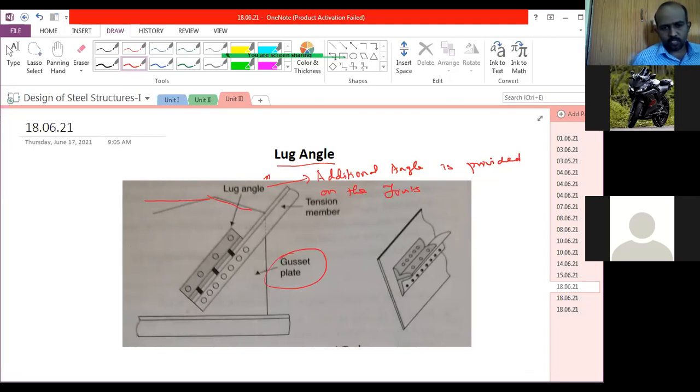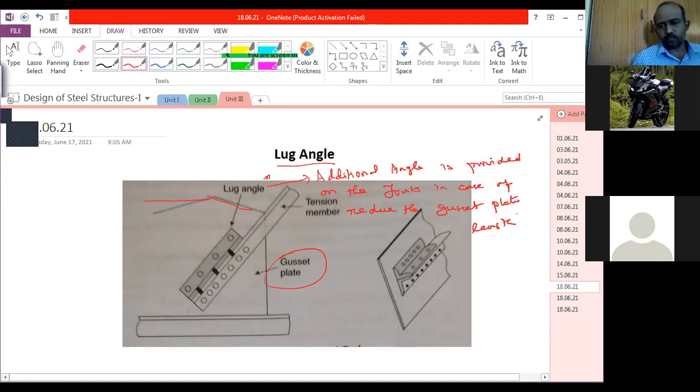So leg angle means an additional angle is provided on the joints in order to reduce the gusset plate length. That is a simple definition of leg angle. Leg angle means additional angle, so you have to remember that.